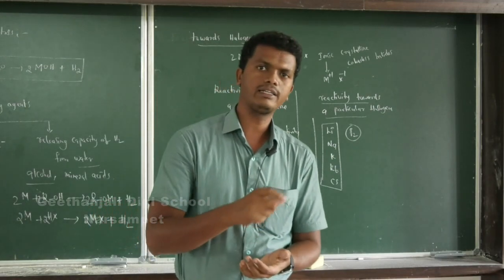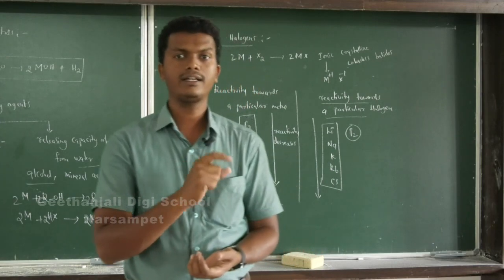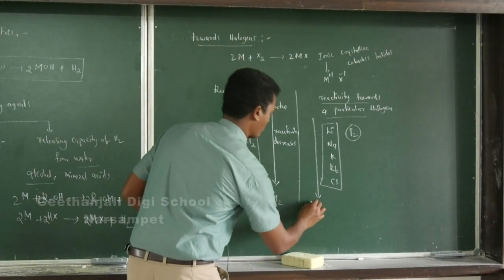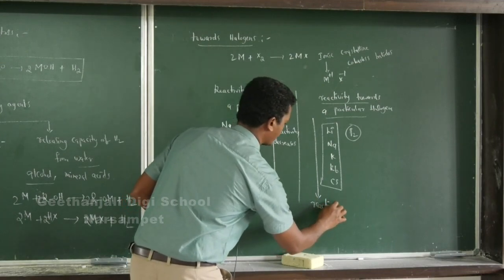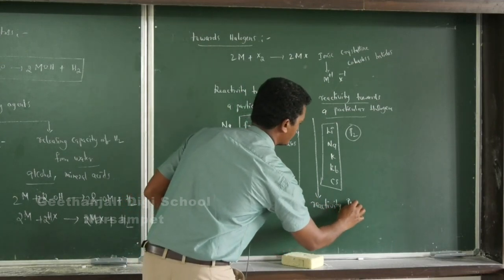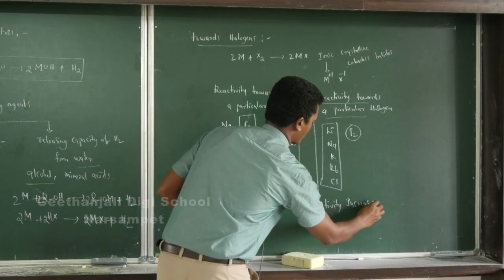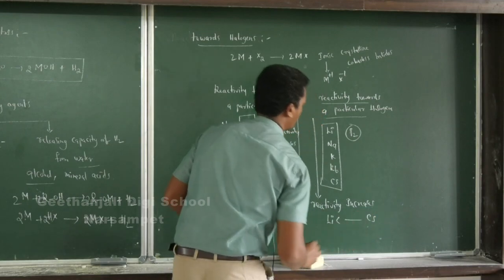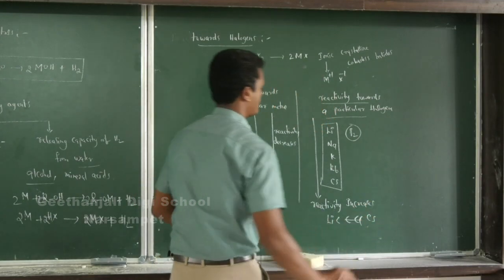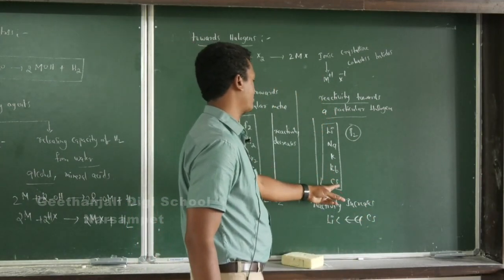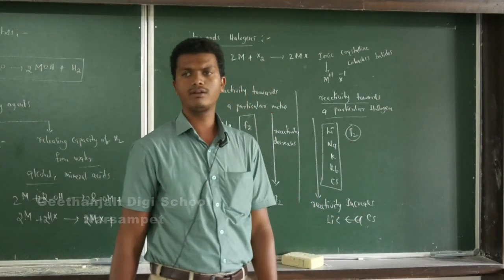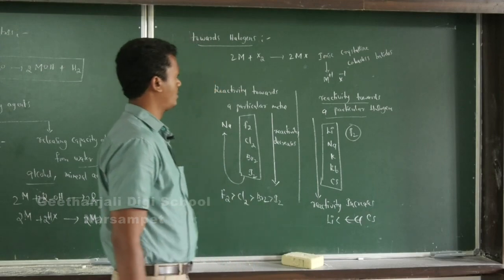Alkali metals are highly reactive in nature, and the reactivity increases from top to bottom. So the order of reactivity is lithium less than sodium less than potassium less than rubidium less than cesium. So cesium is highly reactive towards a particular halogen.